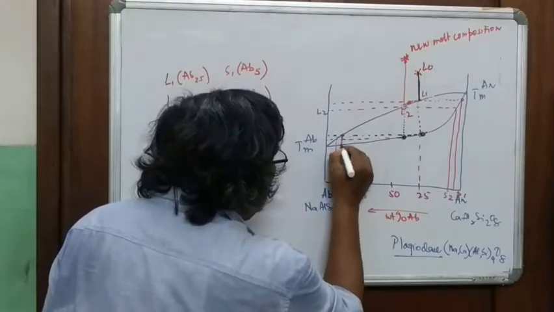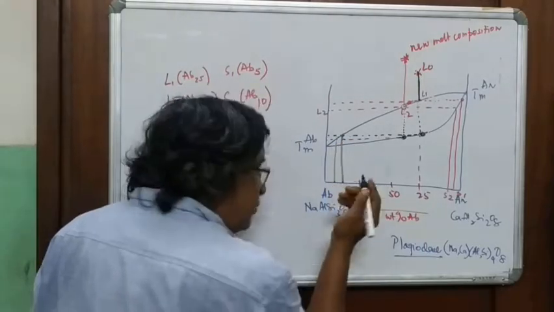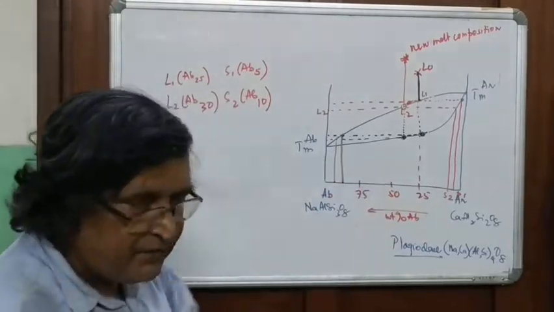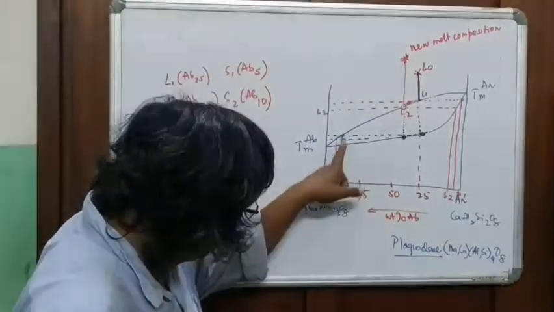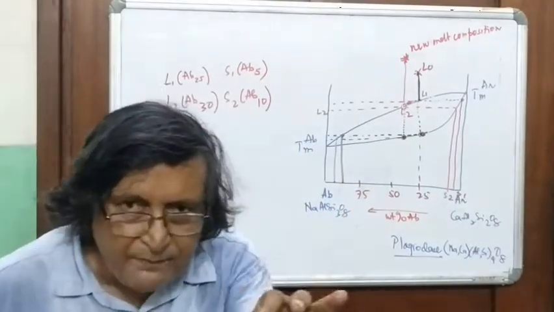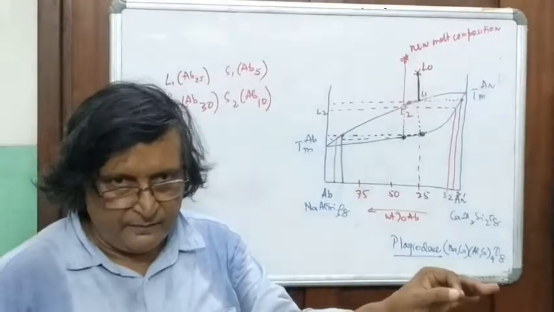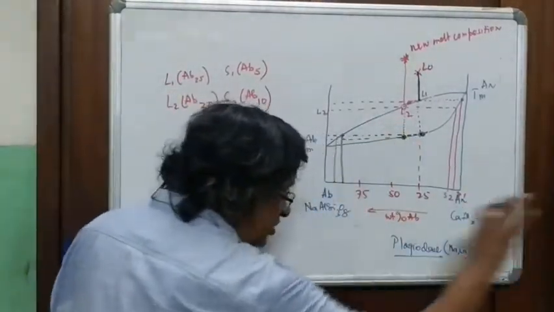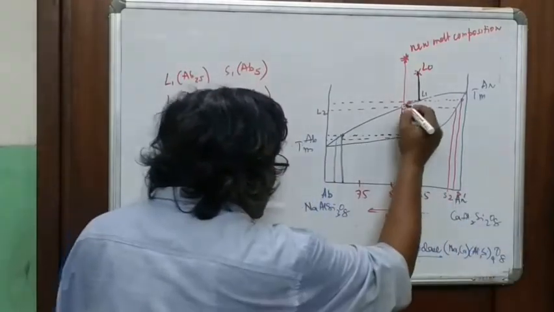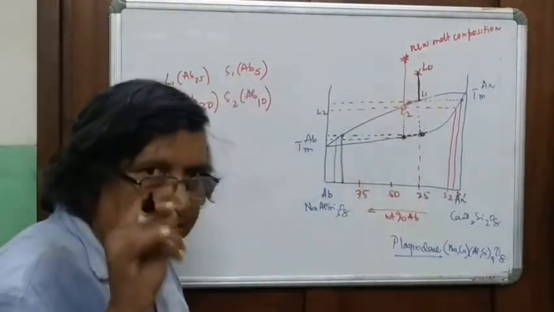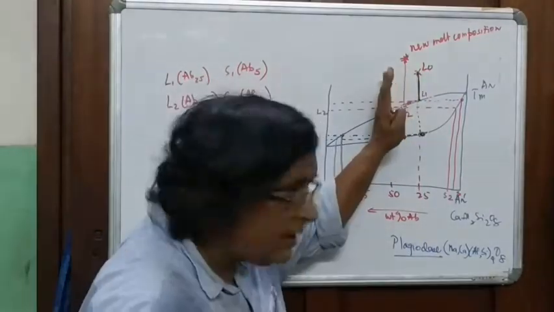So you see, from here, which would have been the composition of the last liquid if complete equilibrium crystallization was done. And now if you fractionate the crystals or separate the crystals, at the point at which you separate, the magma has changed its composition.